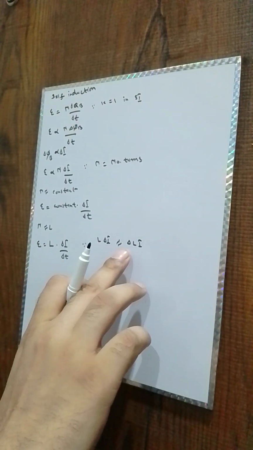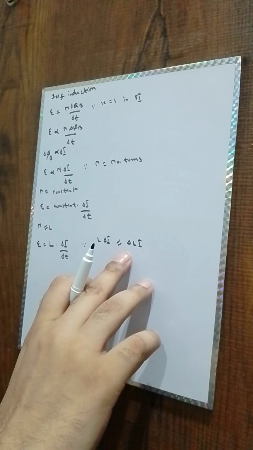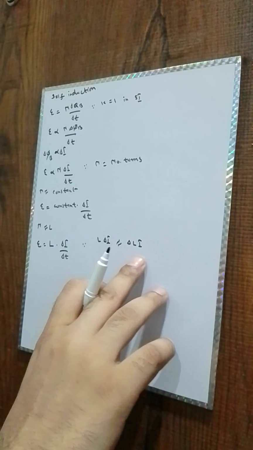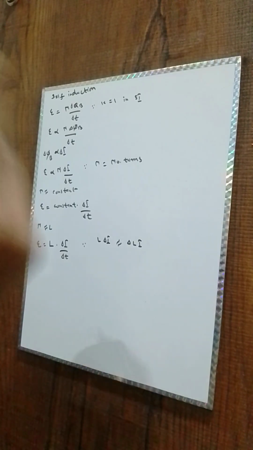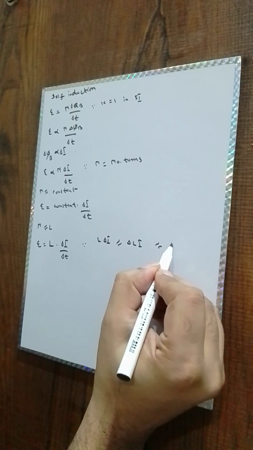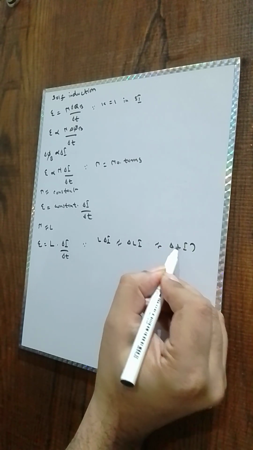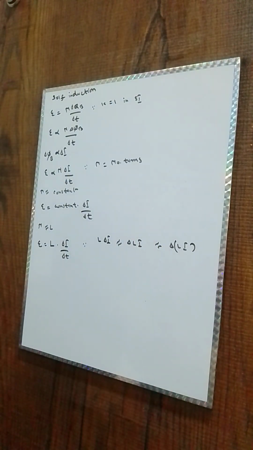Change in current times length is roughly equal to change in length times current, or both, the differential of the both. But here it's slightly different. We will use whichever gets us to the next convenient form for the application.